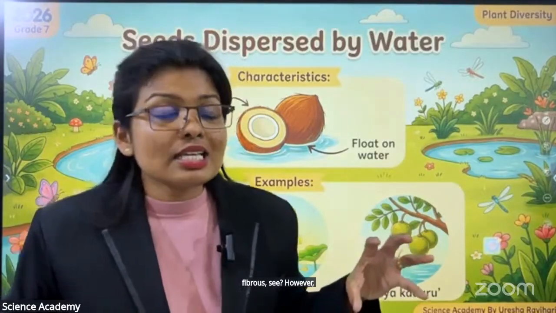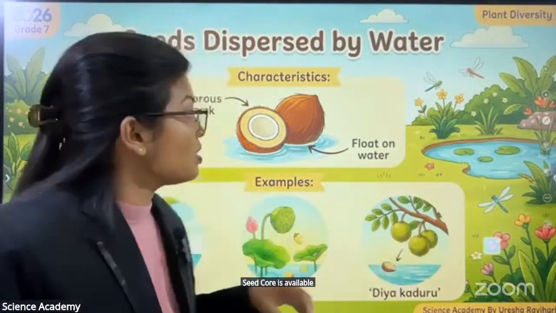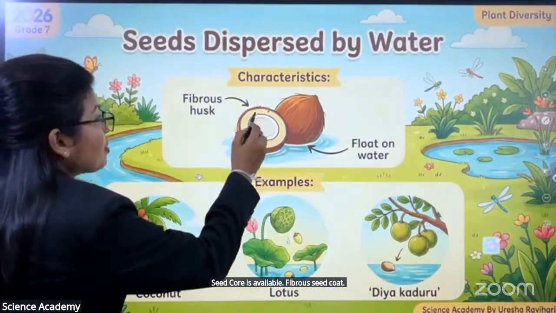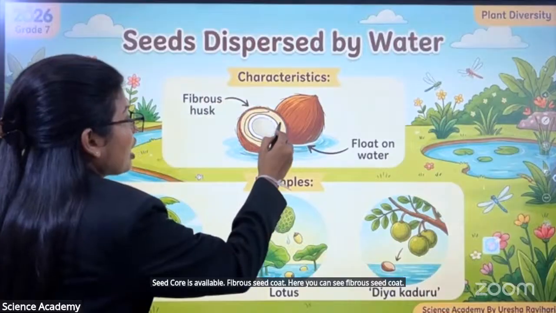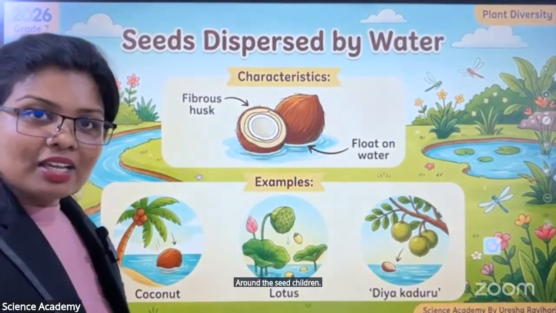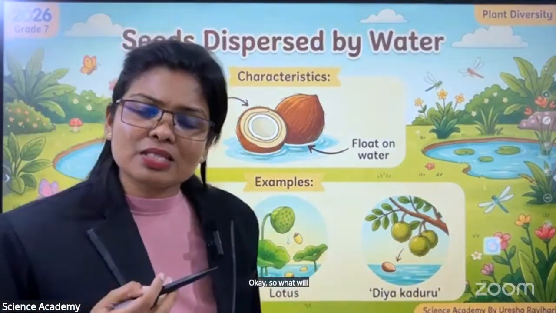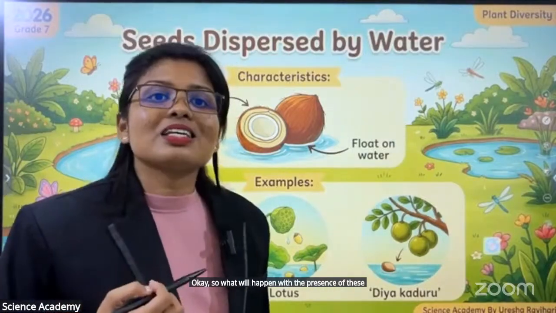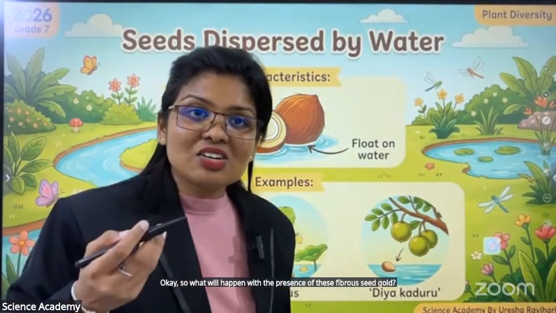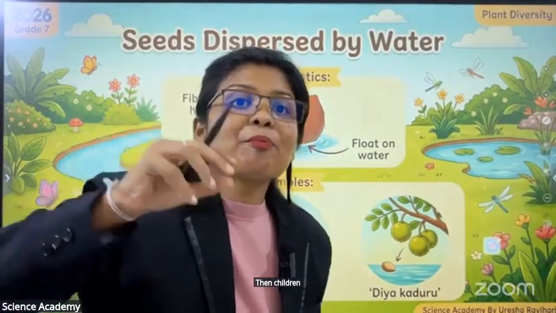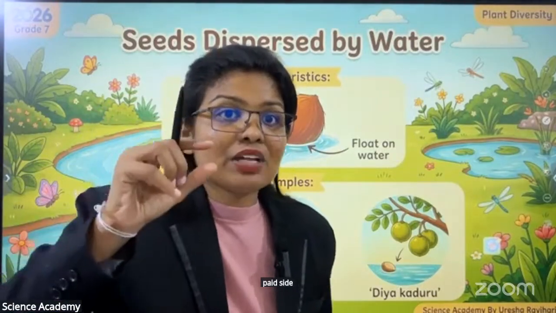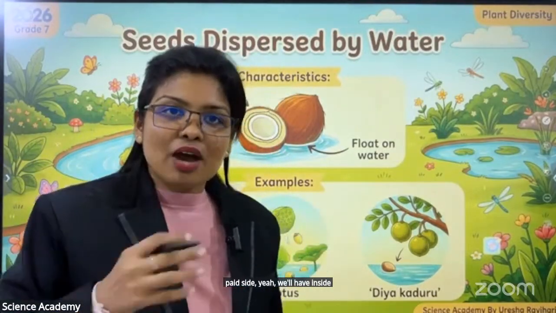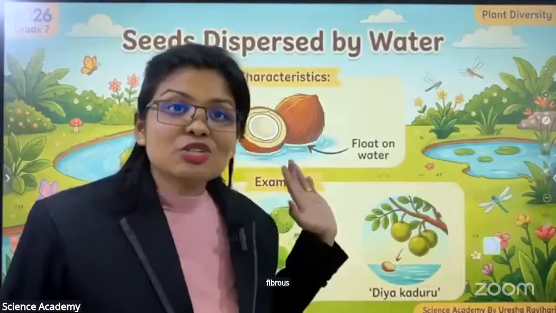Fibrous seed coat is available around the seed, children. So what will happen with the presence of this fibrous seed coat? Air will be trapped inside this fibrous seed coat.